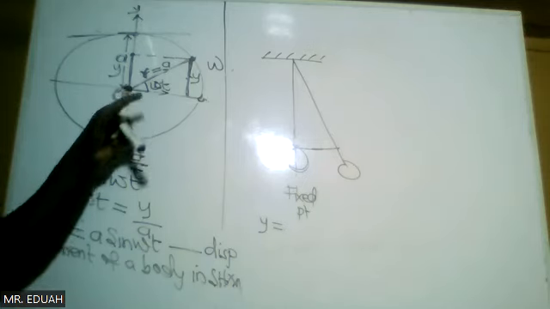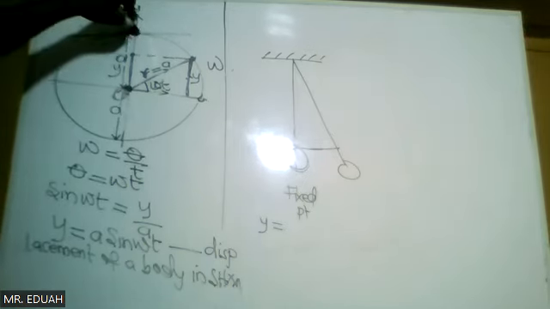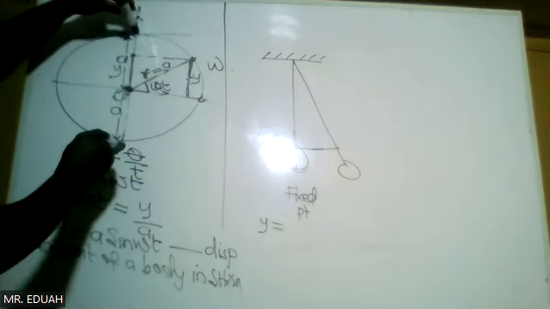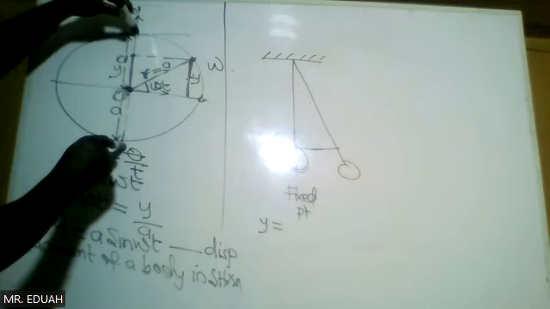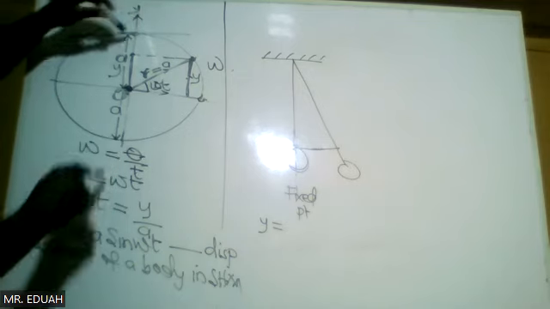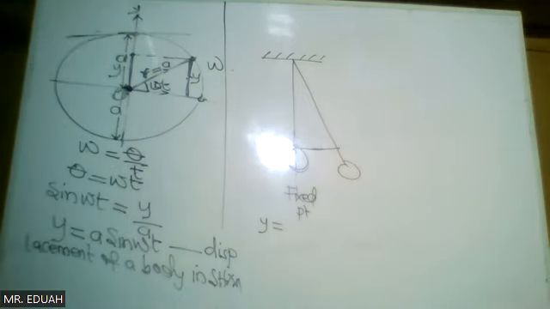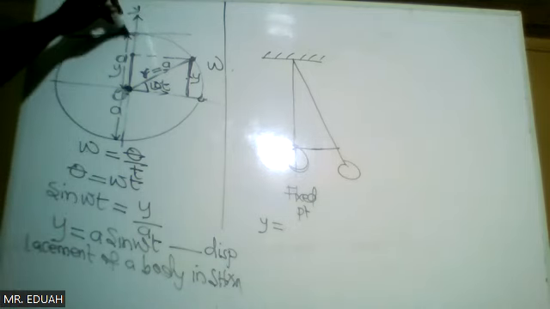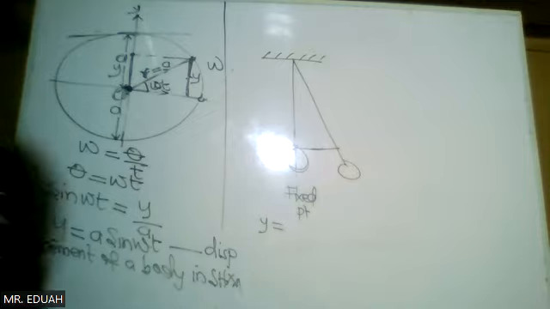When it's at this point and at this point, what is the displacement? Try. 0 is at the origin. At the extremes, what's the displacement?